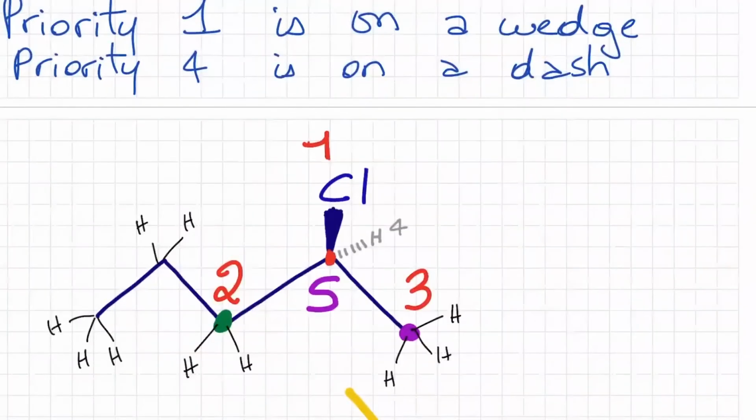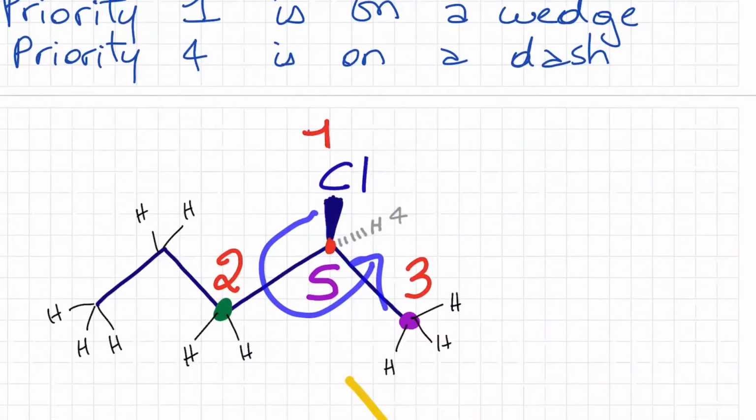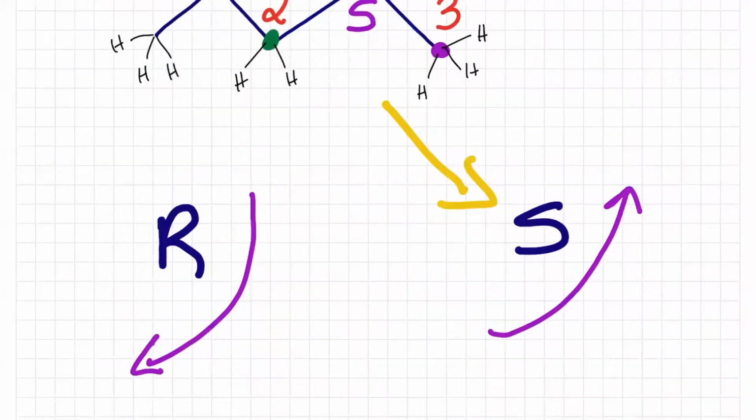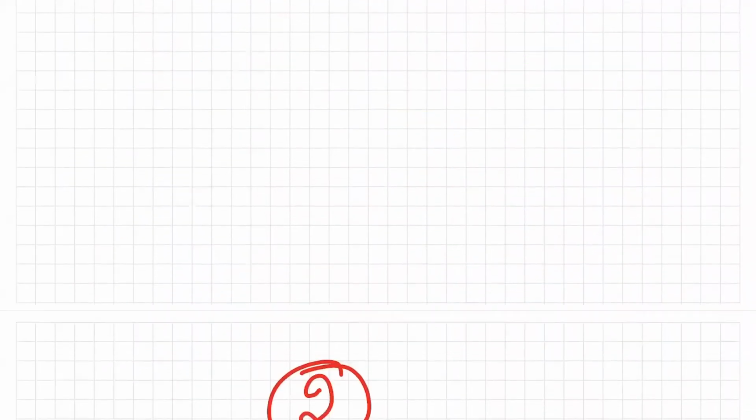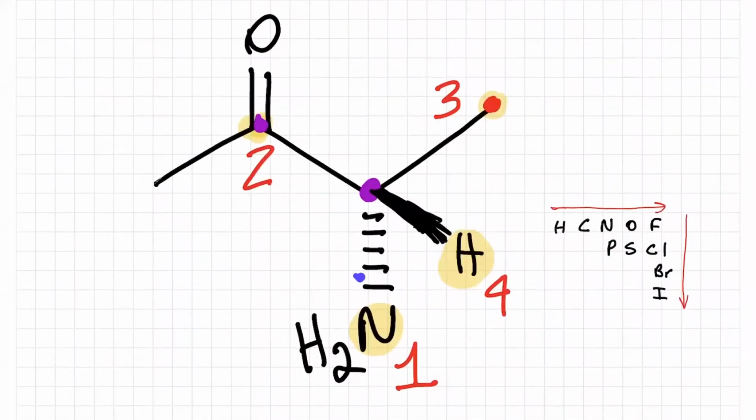If you have number 1 on a wedge, number 4 on a dash, then you can do your motion 1, 2, 3, assign it according to this one, clockwise or counterclockwise, and move on. However, if you have the inverse, you will do the motion too, but you're going to have to reverse it after.